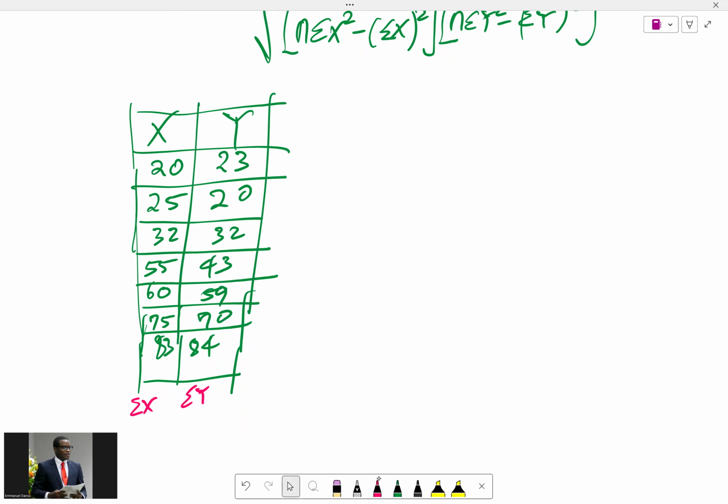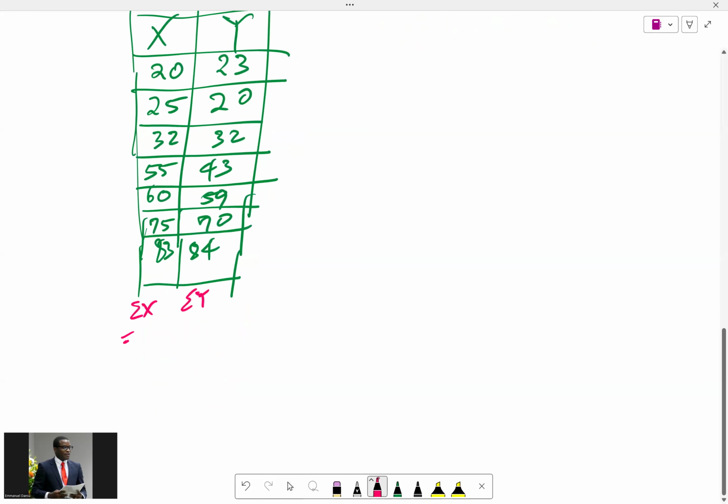So we need 20 plus 25 plus 32 plus 55 plus 60 plus 75 plus 83. Then we'll double check again. That is 350. This is 350, interestingly.